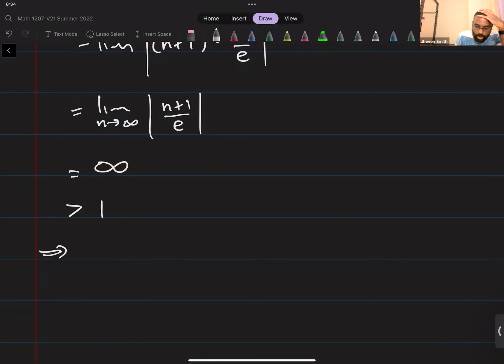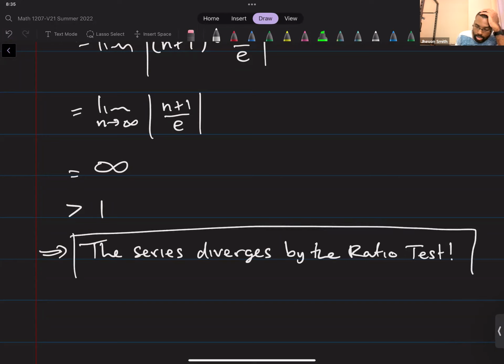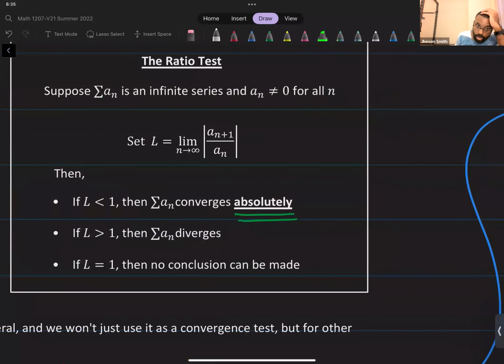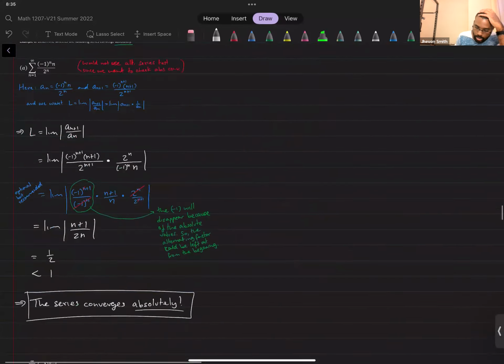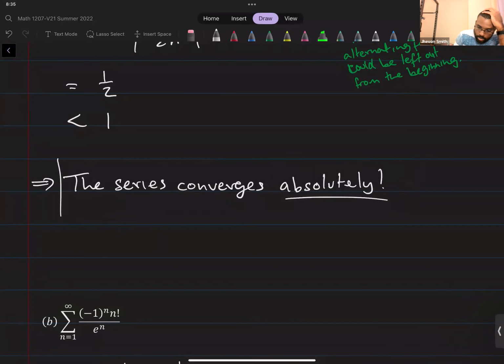So this tells you that the series diverges by the ratio test, because we are in a situation where our L is greater than 1. So our series is going to diverge by the ratio test.